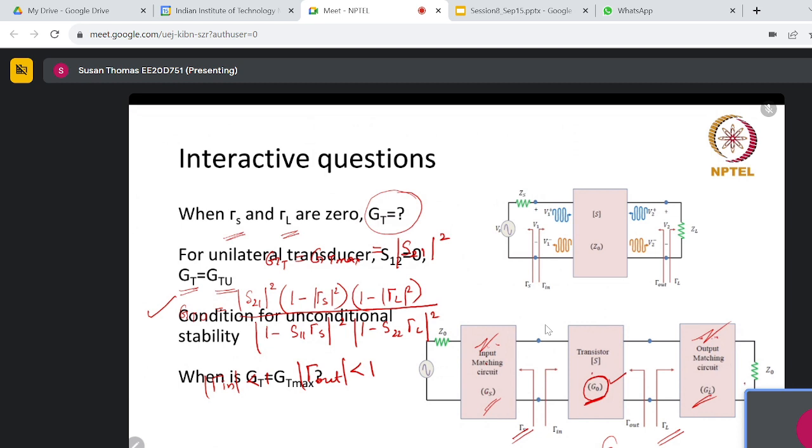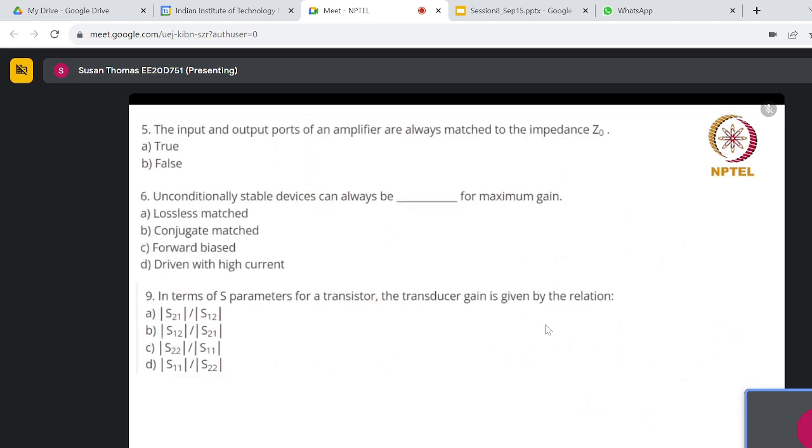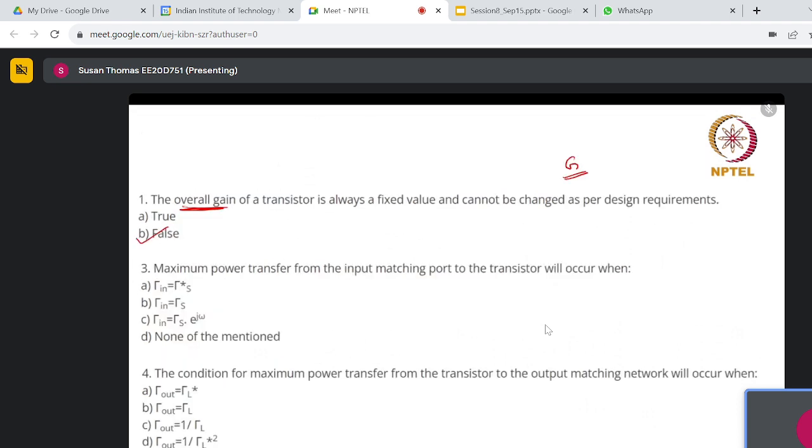If that is being changed, then you have the possibility of changing the gain. So the question is about overall gain. It's not about the transistor alone. If it was about G naught alone, then you can say it is fixed. For a particular transistor, G naught is fixed. But now here it is with GS and GL, so it can be changed as per the design requirements. I hope this makes sense.